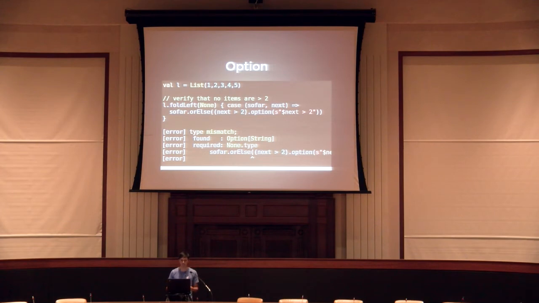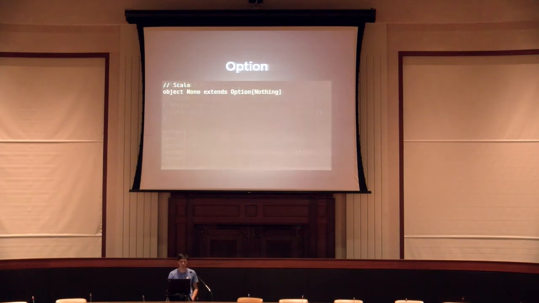None is a subtype of every other option, but it doesn't compile because Scala's type inference just isn't capable of understanding what you mean when you say none. Which kind of option did you want there? It just assumes you meant the type of this none object, and so it fails to compile. And as you can see, Scala's definition of none is just a simple object, a case object probably.